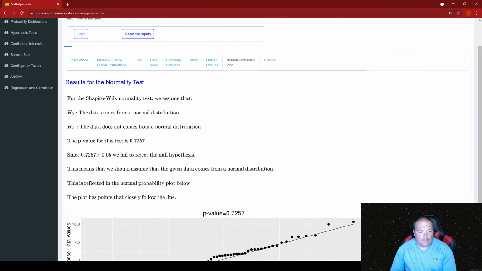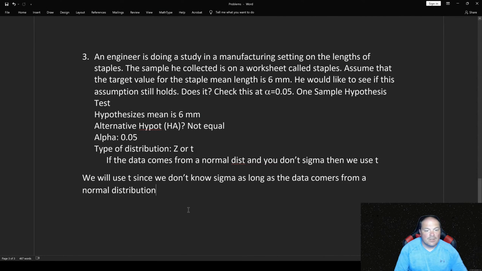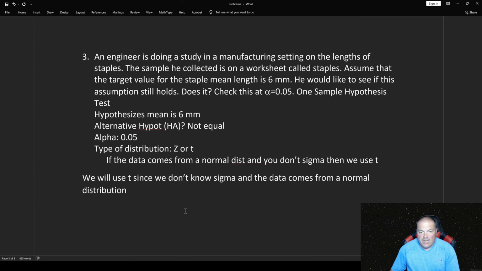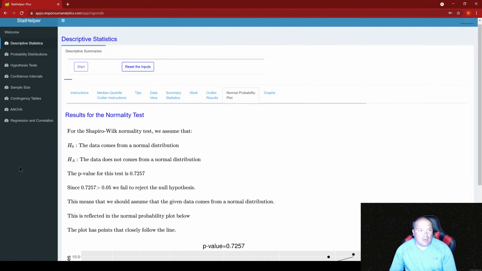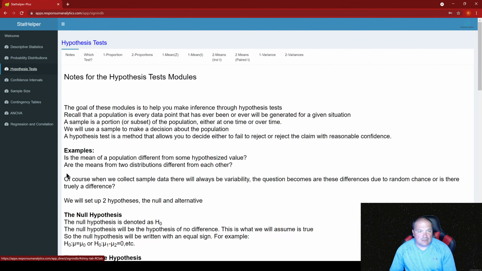So if we come back here, we can basically say we will use t since we don't know sigma, and the data comes from a normal distribution. We have those two things. So now I'm going to go up to hypothesis tests.